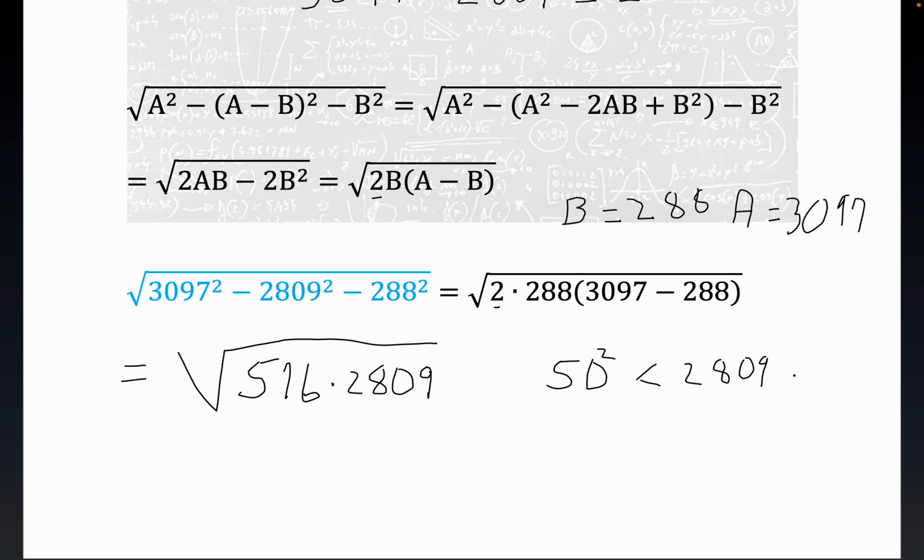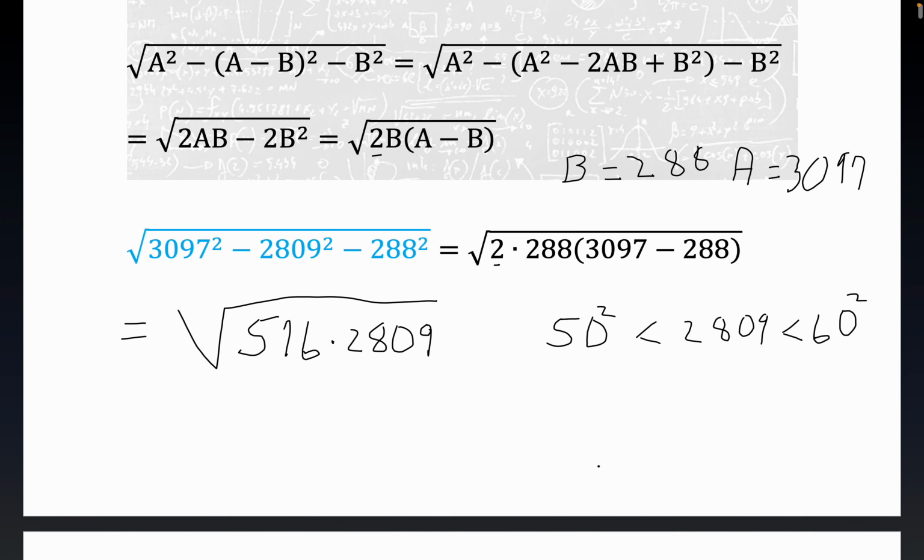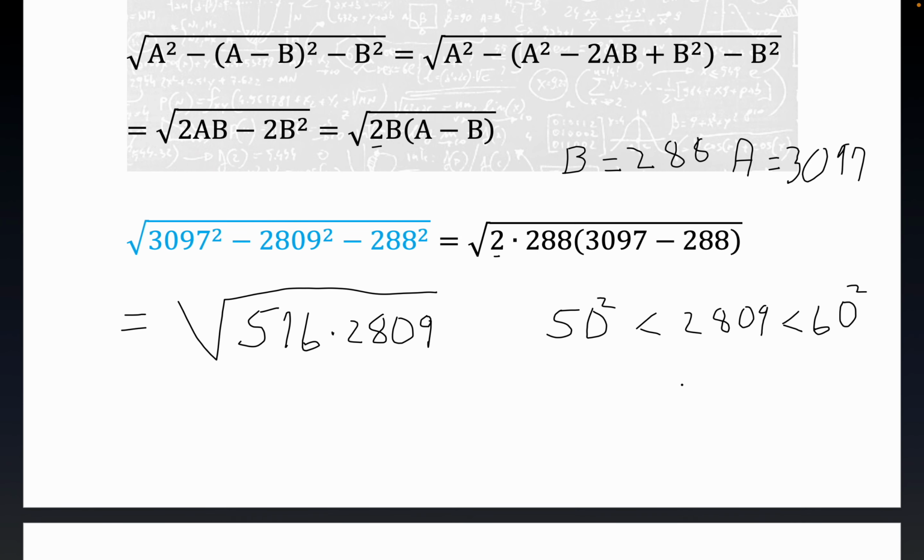But if you don't want to trust that, just say 60 squared. So that's 3,600. This is 2,500. So 2809 is definitely in there. Now, since this ends in 9, there are only two possibilities. That would be either 53 squared, which would end in a 9, or 57. Those are the only possible values.